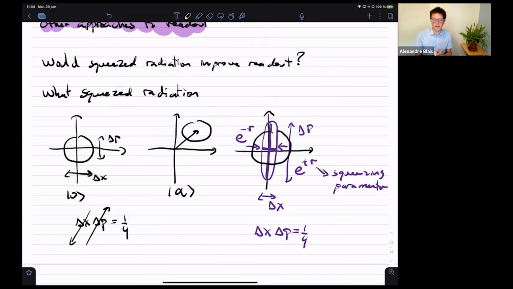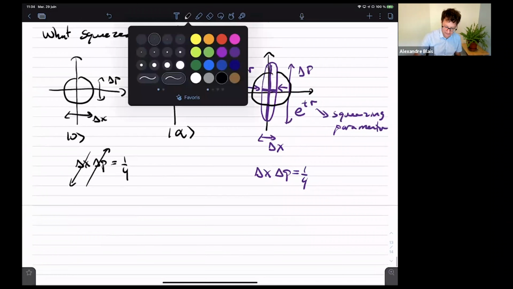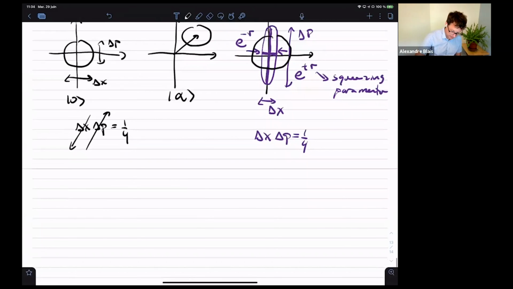That comparison is sometimes given in decibels. The larger the squeezing, the more decibels of squeezing there are. Of course, you can also have displaced squeezed states, states which are displaced and squeezed. That's also fine.